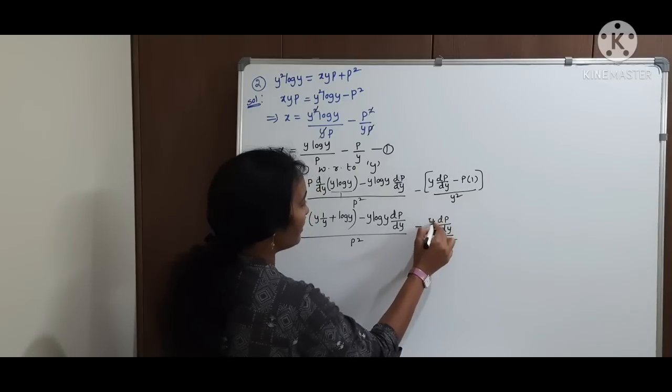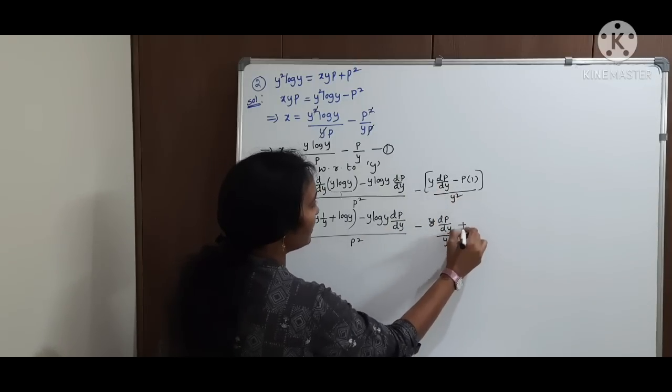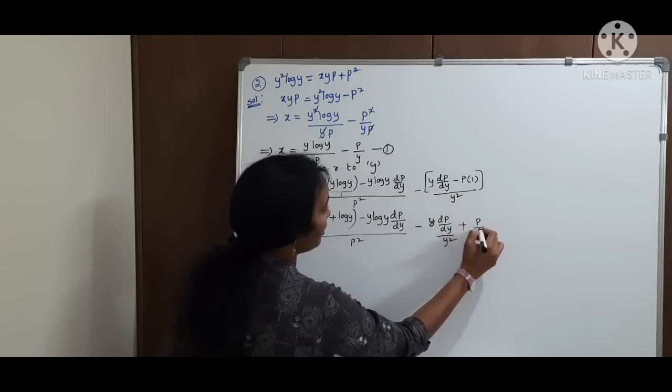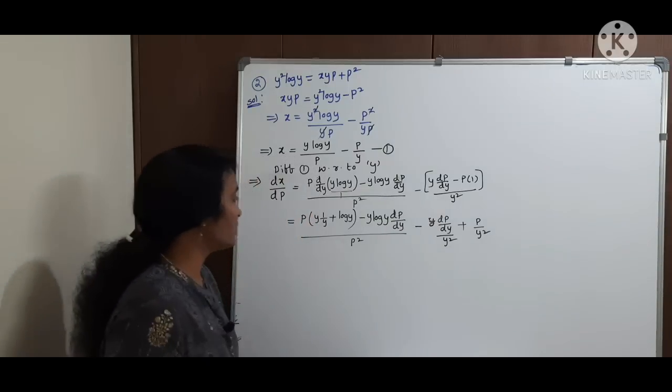Then minus of minus plus, what happens? p upon y square. Look, solve neatly.